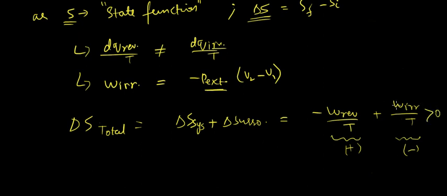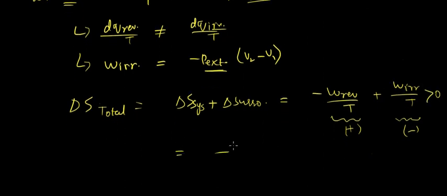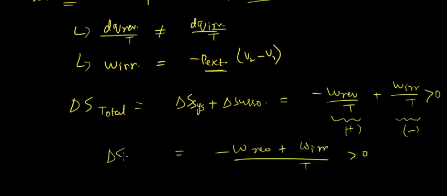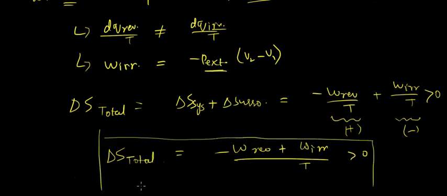Okay, I hope you are getting this. So we can write this as minus W reversible plus W irreversible by T would be greater than 0. This is delta S total in case of irreversible ideal gas expansion.